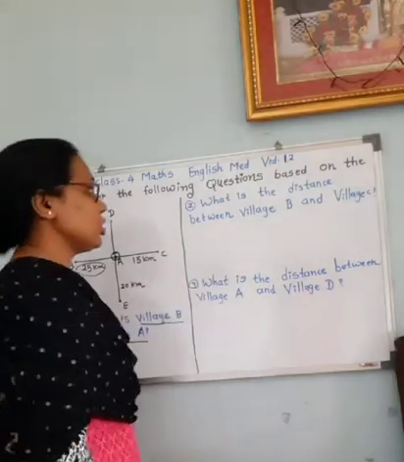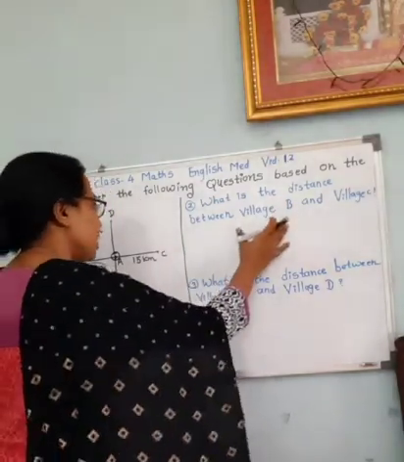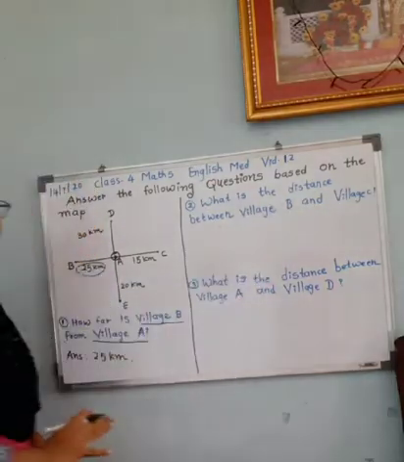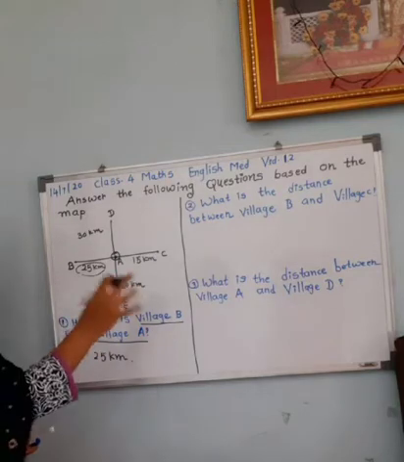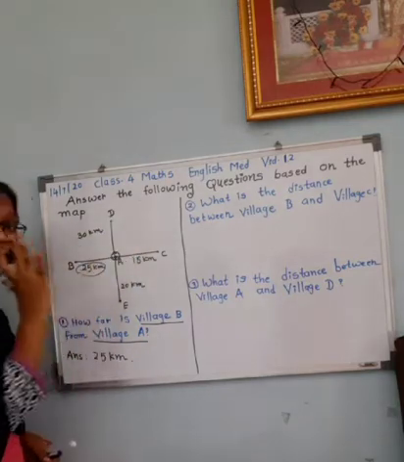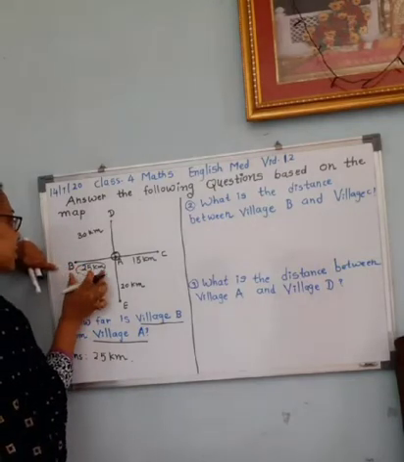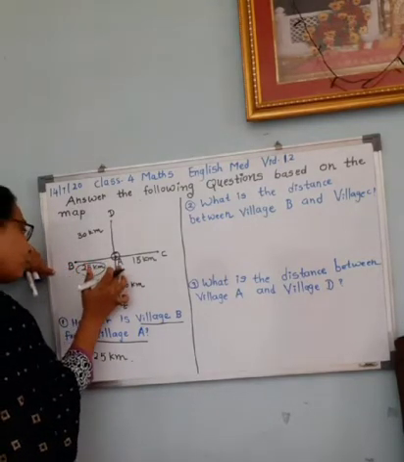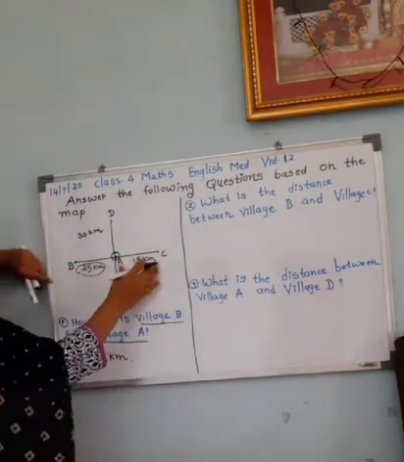Now the second question is, what is the distance between village B and village C? Here they ask about village B and village C. Village B's distance is 25 from A, and from A village C's distance is 15 kilometers.